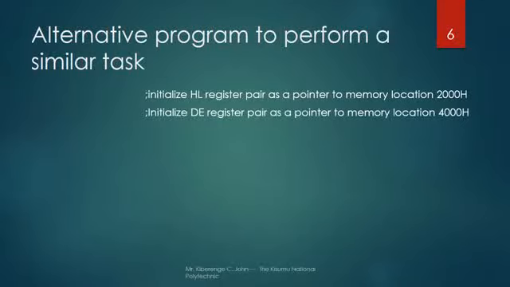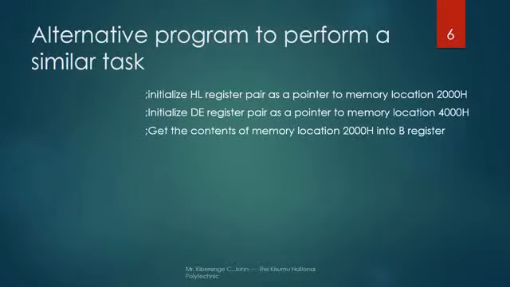Then the next step would be to initialize register pair D and E so that D and E are pointers to our memory 4000. So we have two pointers here, H and L pointing to 2000, and D and E pointing to memory 4000H.